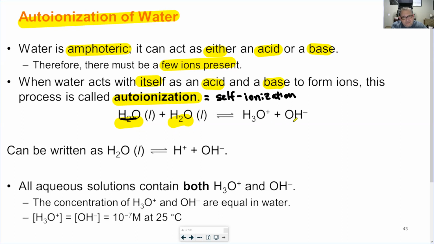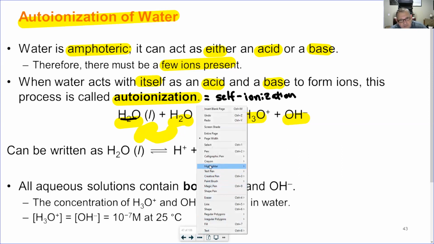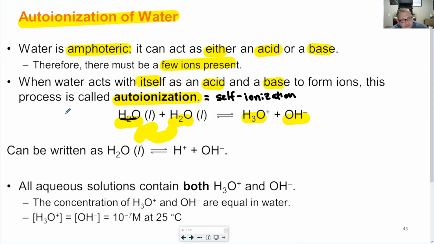If they're drawn out in order, the proton is transferred from the molecule on the right, which is left with the OH minus, and on the left it picks up the proton and becomes a hydronium ion. So when we write this out, this is equivalent to two H2O liquids working together in the system, as opposed to two individual singles.